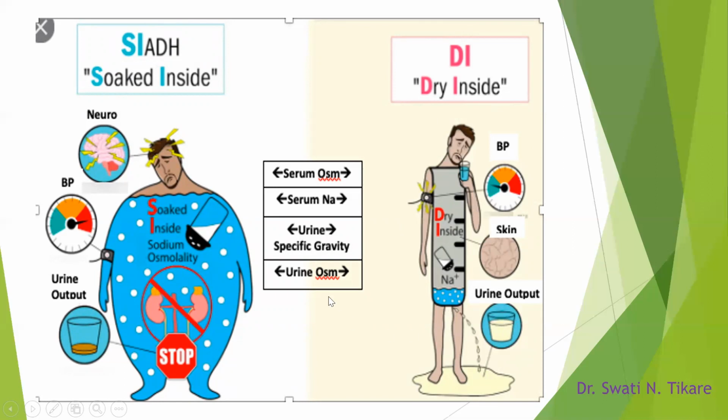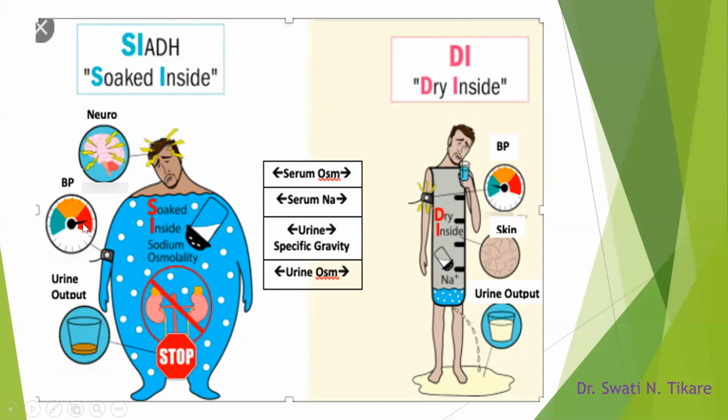Whereas the reverse of it, in SIADH, it is excess of ADH. It is soaked inside. That means so much ADH, so much water is getting reabsorbed that osmolality will be less. The white dots shown are like solutes, and they are reduced. If water is so much, ECF volume is increased, then the blood pressure will be high.